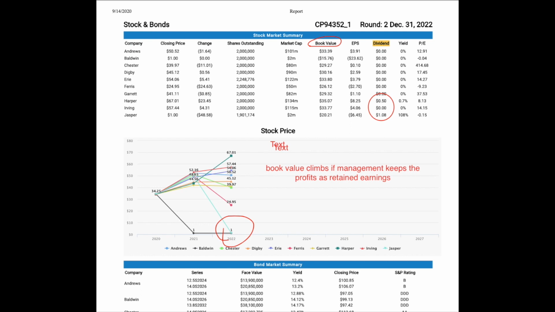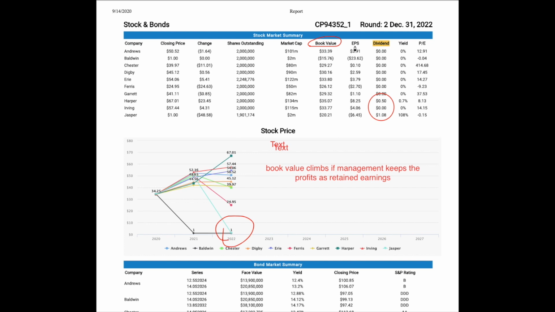For the stock and bond, I want to point out a couple of things. First is the book value. The book value will climb if the management keeps the profit as retained earnings. That means if your team is profitable, then definitely your book value will increase a little bit more.